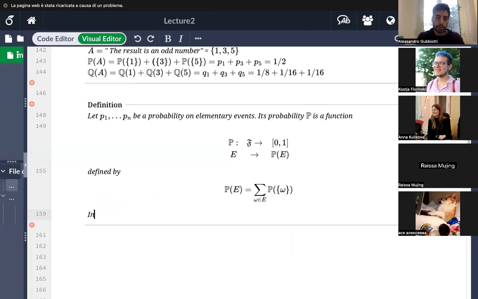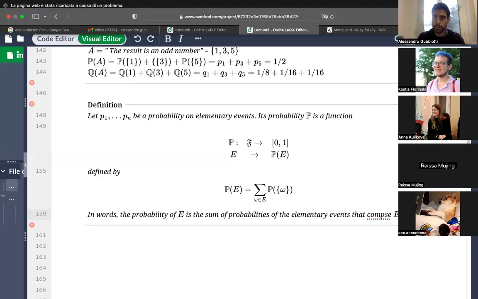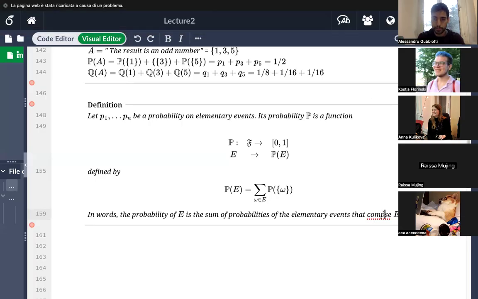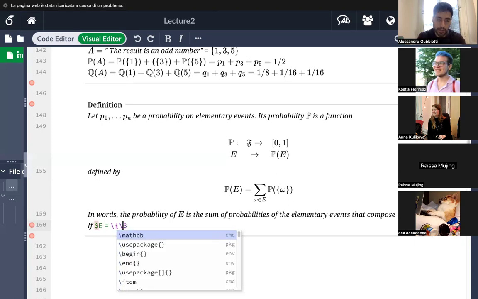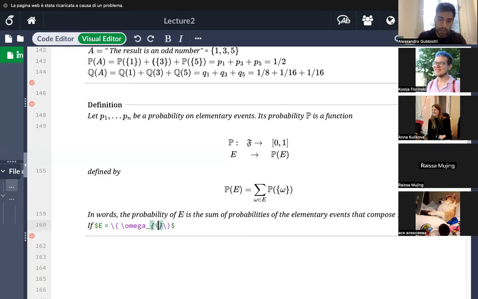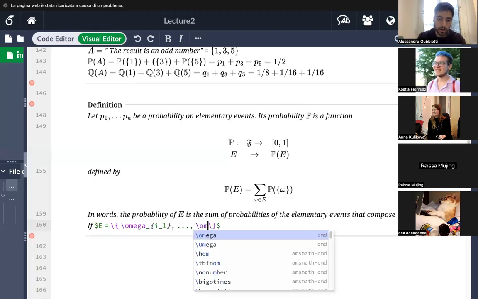So in words, the probability of E is the sum of the probabilities of the elementary events that compose E. To be less abstract, if E has the following expression, so a general event can be written in the following way: omega_E1, ..., omega_Ek.